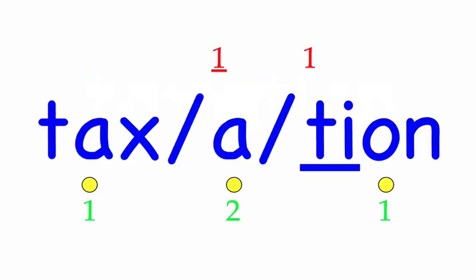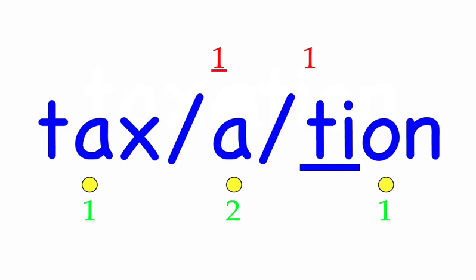Mark the word. Taxation. And as you can see, we have an exception to syllable rule 1. X must stay with the short vowel in the first syllable, so we underline the 1 to indicate an exception is occurring.